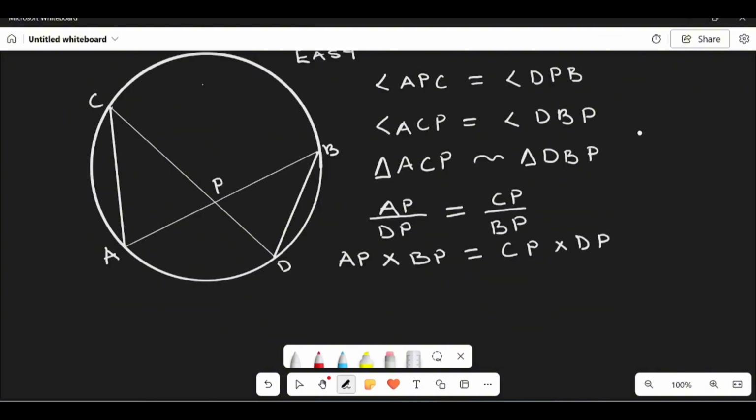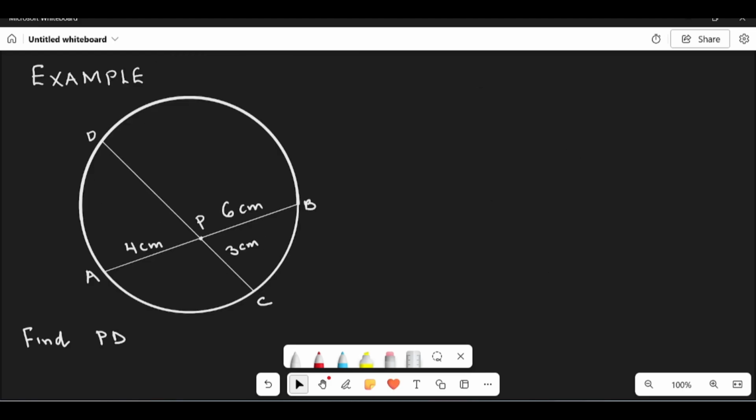So we can say AP multiplied by PB equals CP multiplied by PD. Hence proved.